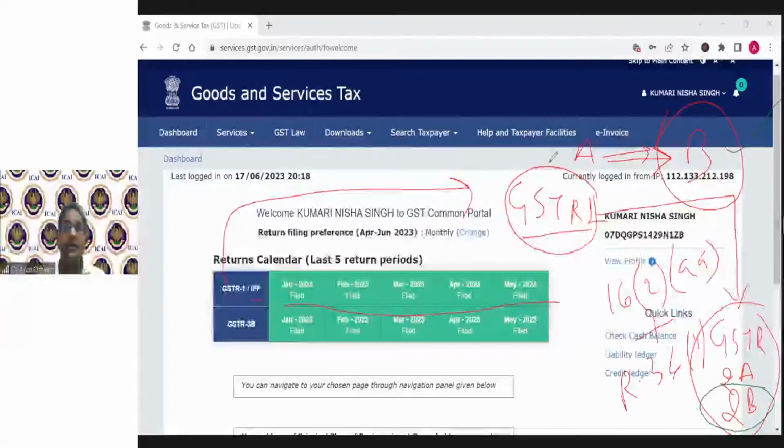Got my point? Let me repeat again. There is one condition for ITC. Who is taking the ITC in this transaction? A is a supplier, B is a customer, so B will take the ITC.